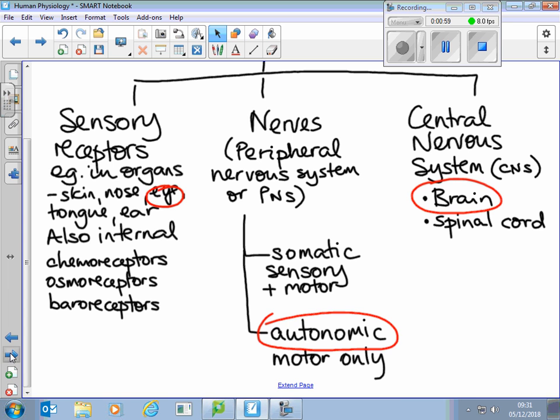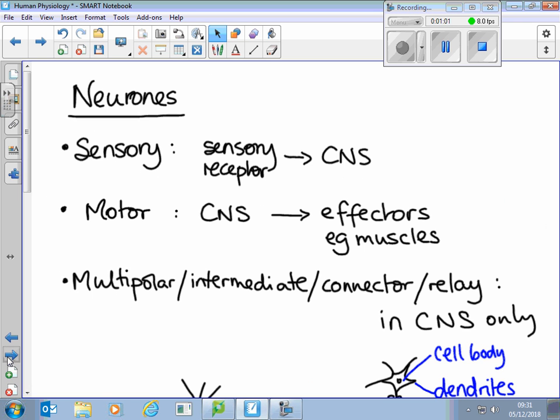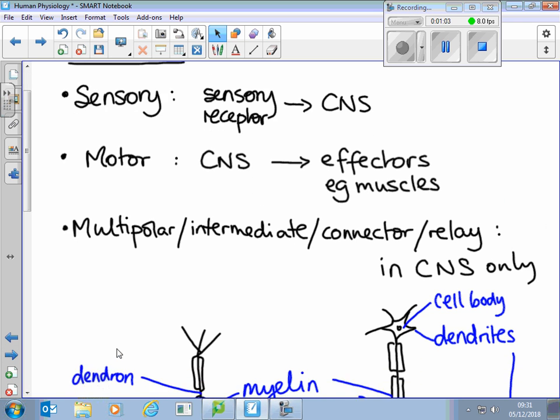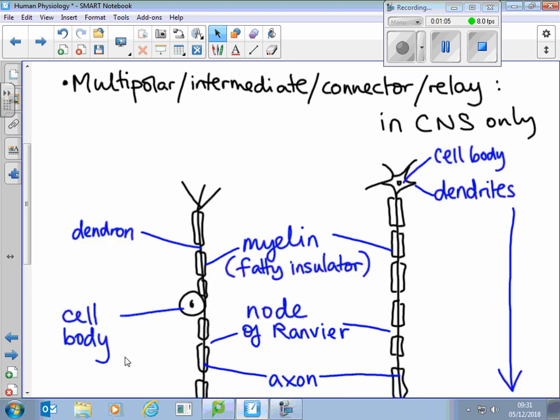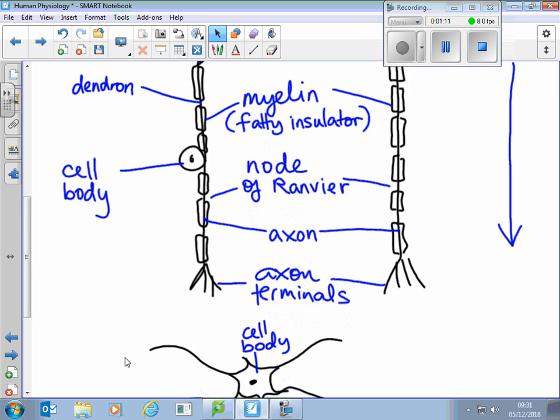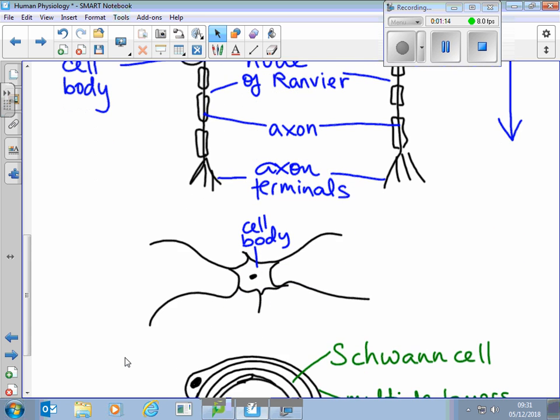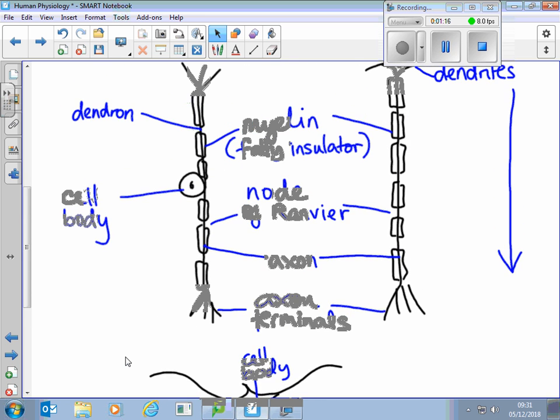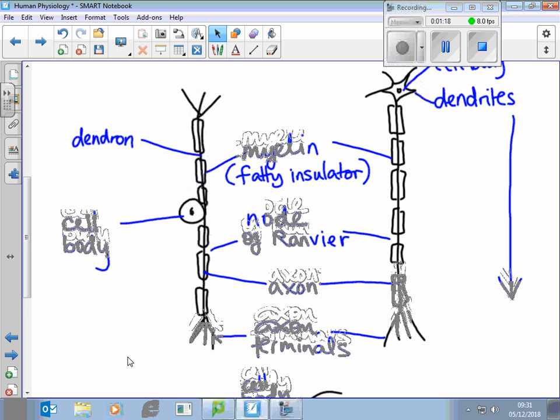The next thing that we did was to start looking at different sorts of neurons. So we've got the difference between sensory neurons, motor neurons, and the multipolar connector neurons that you find in the central nervous system. So important thing with these was the myelination on them particularly.